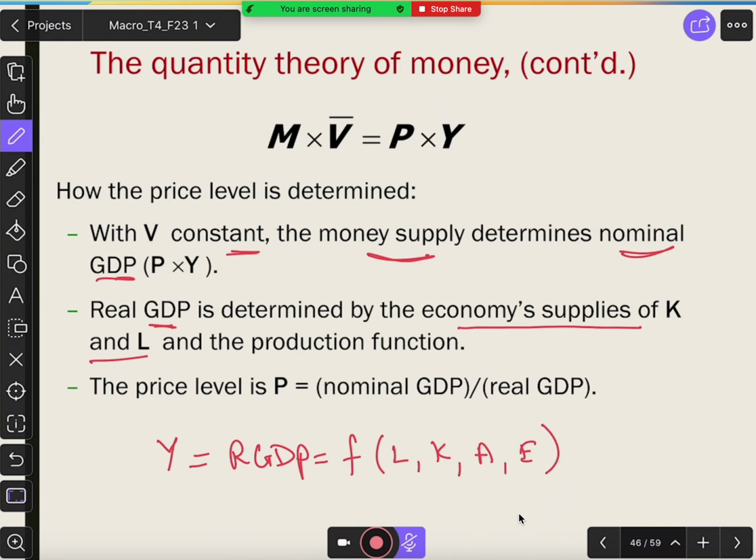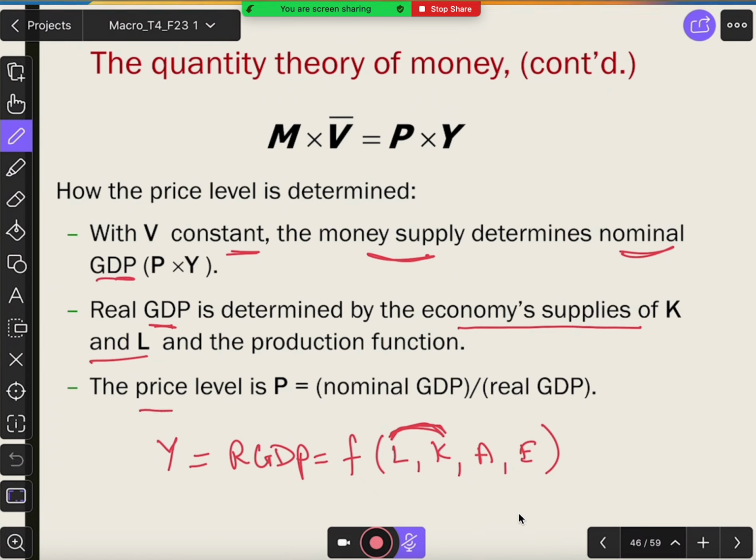But here in this theory, which is the quantity theory of money, they are basically saying that the production function would depend on two factors of production, L and K. Okay, so for this real GDP to increase, it has to be the case that factors of production, and more specifically K and L, increase.